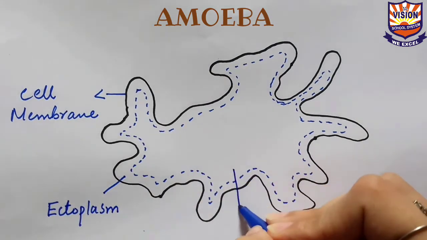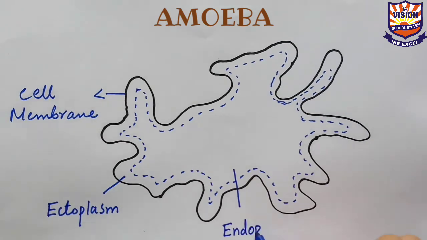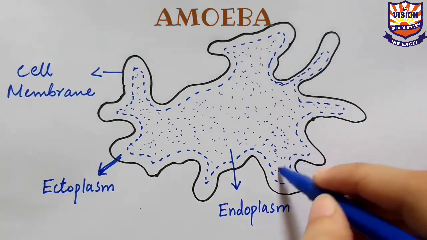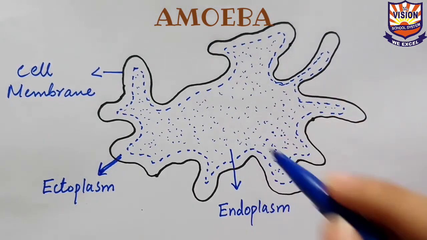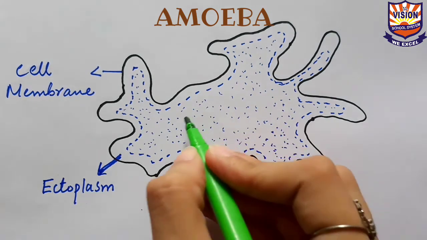And this one is the endoplasm. So the inner viscous and granular part is called the endoplasm. The endoplasm contains many food vacuoles of different sizes.